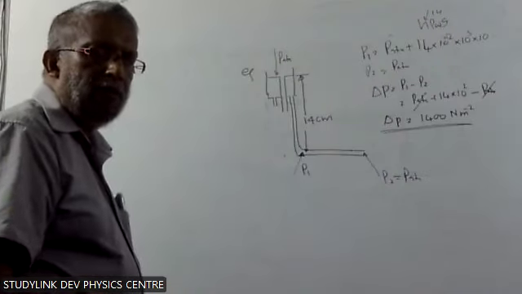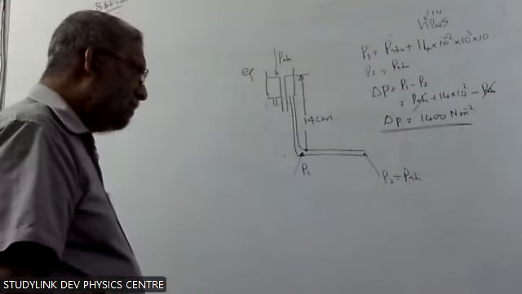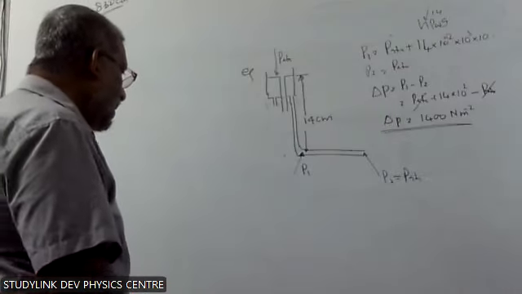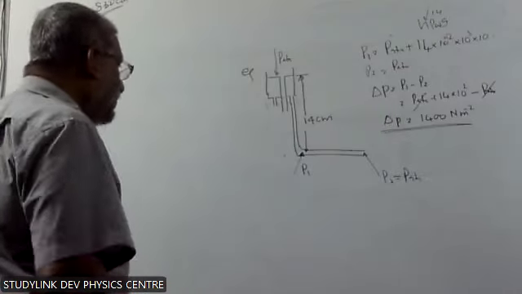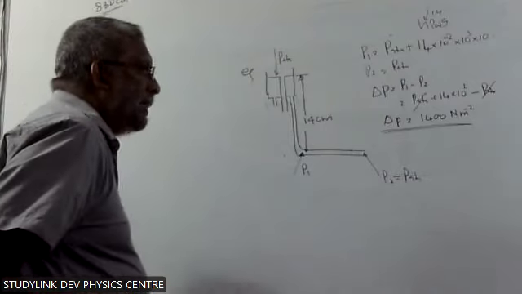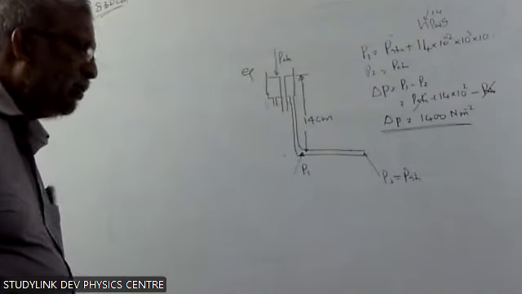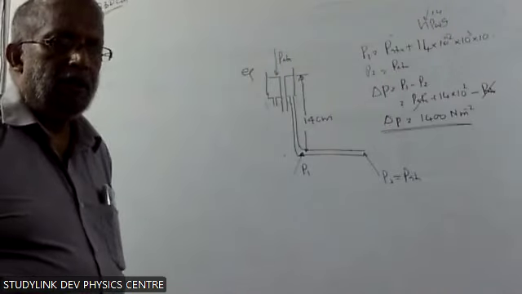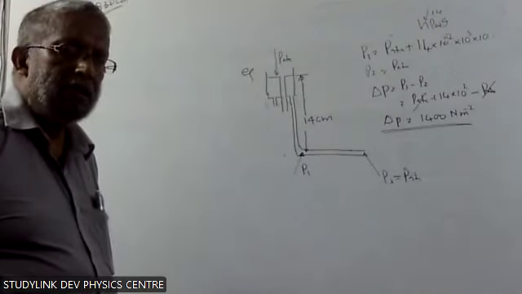Application of Poiseuille's equation. First one, as an example, here you consider the length of a capillary tube. Don't worry about the word capillary. Capillary means the inside radius is smaller.